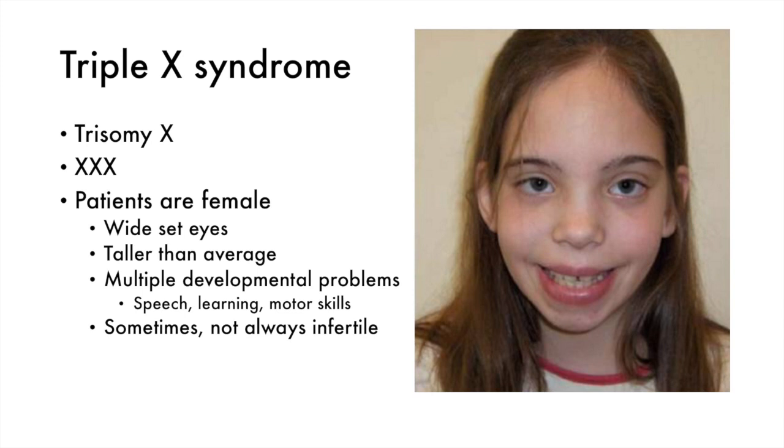They tend to be taller than average, and unfortunately they experience a number of developmental issues with things like speech and learning, and they aren't necessarily as coordinated as people who have just the regular complement of X chromosomes. And sometimes they can actually still be fertile with XXX syndrome, but not always.